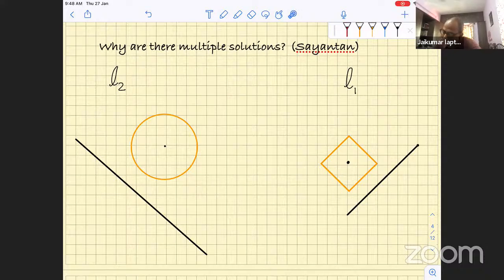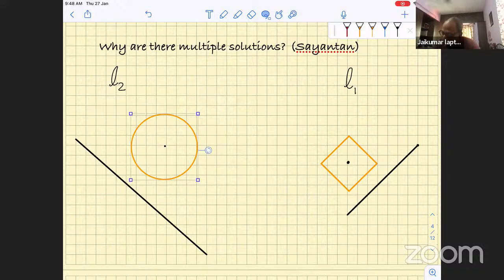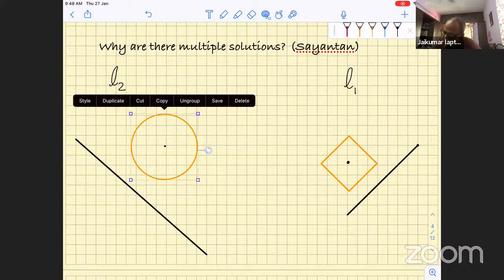So what are we trying to do? We are trying to find the radius of the largest ball.